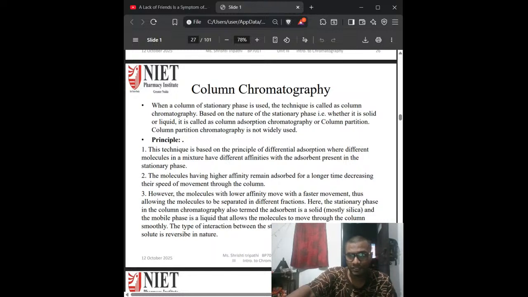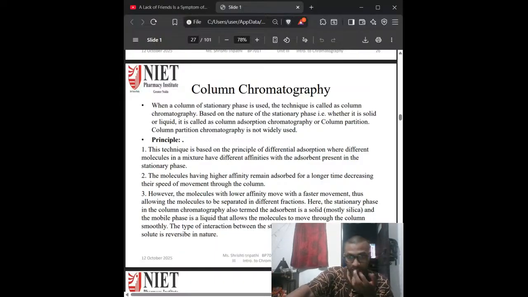Based on the nature of the stationary phase, whether it is solid or liquid, it is called column adsorption chromatography and column partition chromatography.